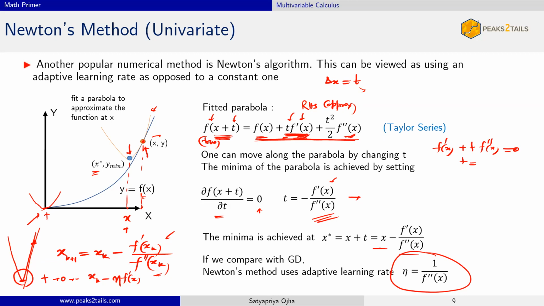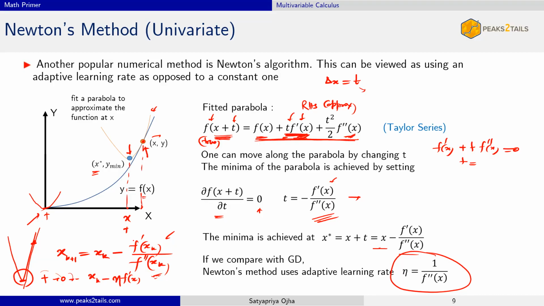So because slope changes drastically near the minima, the double derivative takes a substantial value. So 1 divided by that naturally slows you down. So the learning rate reduces. So you want to slow down when you're reaching minima. So this is extremely elegant. Okay. We can see the implementation. Yes, totally. So we are using an adaptive learning rate.